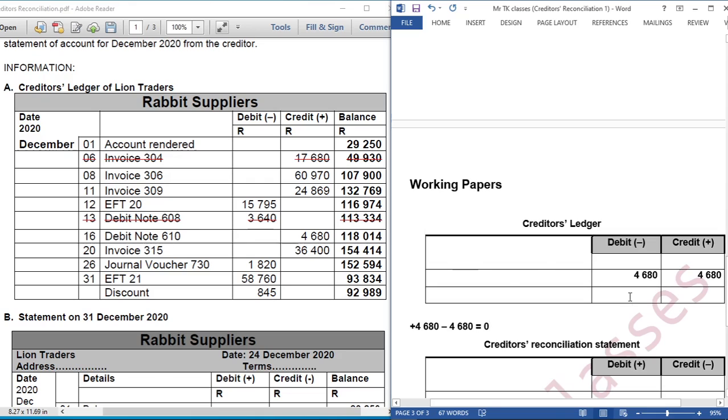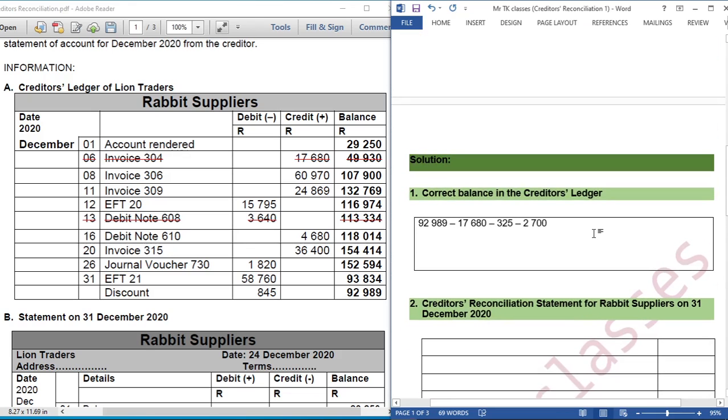So now we need to record the return. We have reversed this wrong entry, right? So now we need to record the return. We are going to record our return here. So we first reverse the wrong entry, then we record. So we are going to have minus 4,680, minus 4,680.